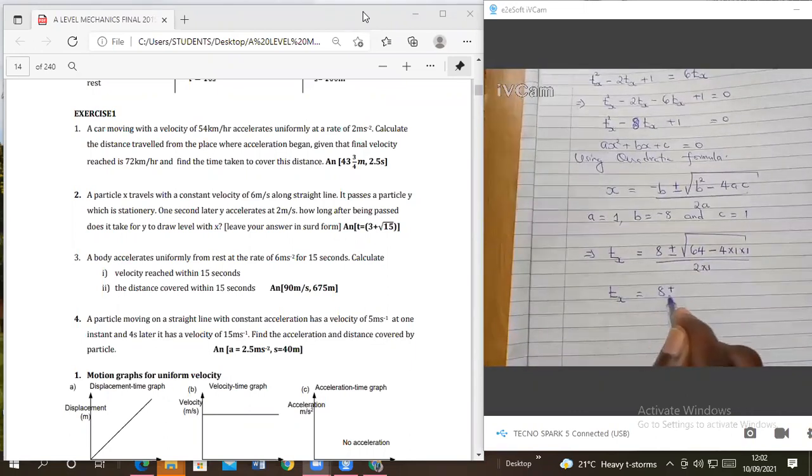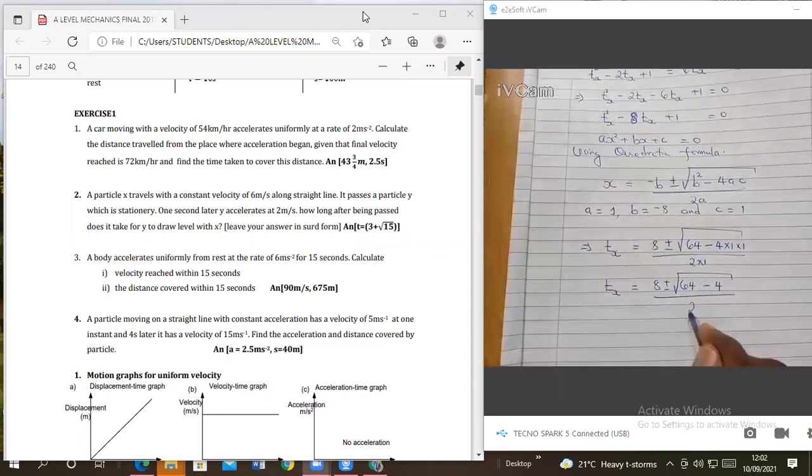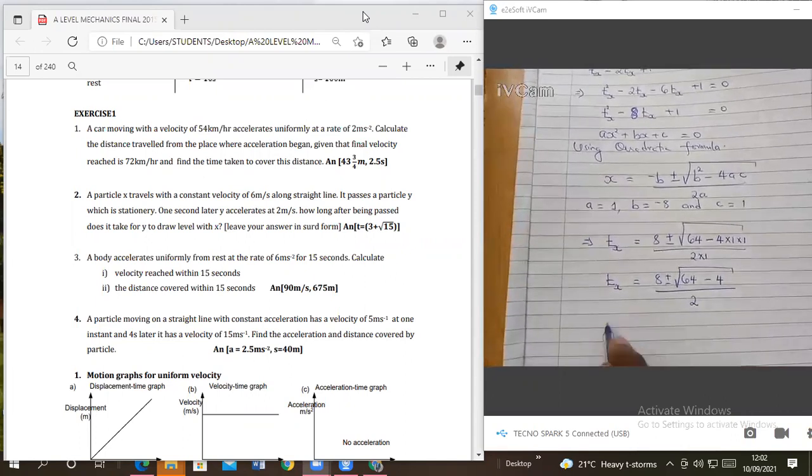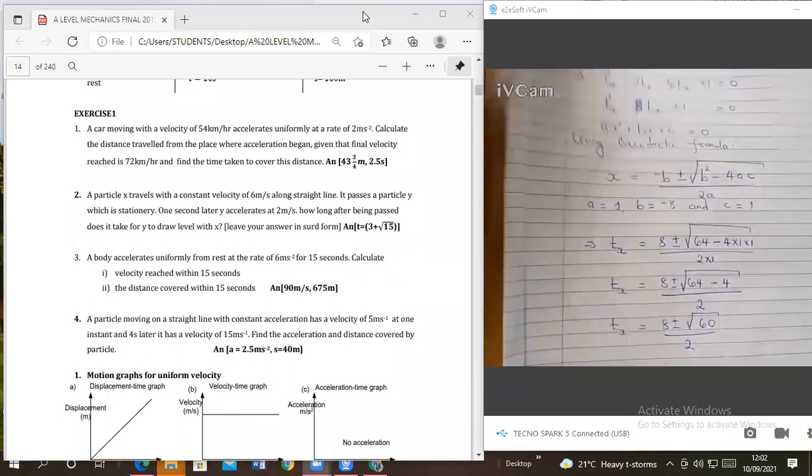So we'll have 8 plus or minus the square root of 64 minus 4, over 2. So tx equals 8 plus or minus the square root of 60, divided by 2.